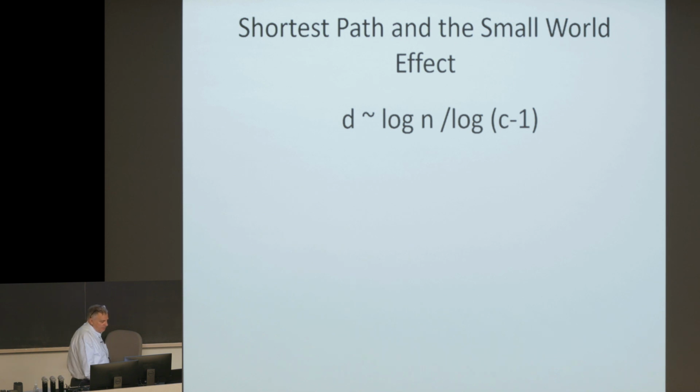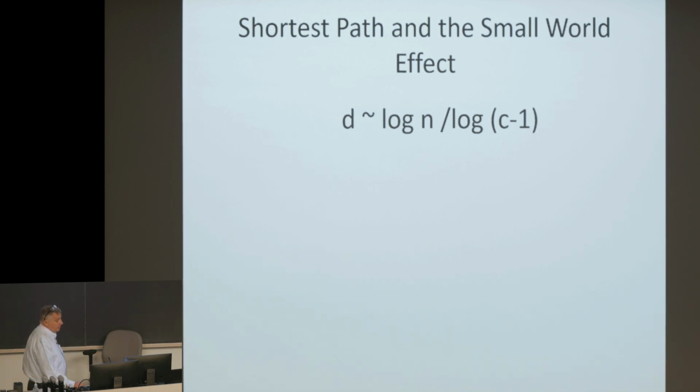Also, a very nice property of these networks is that you can determine a distance between two elements of the network by just counting the shortest path on the graph between them.